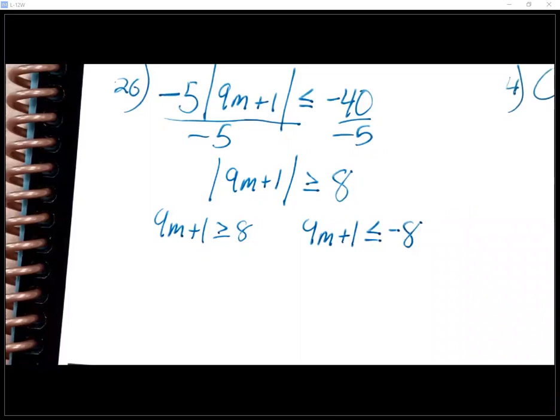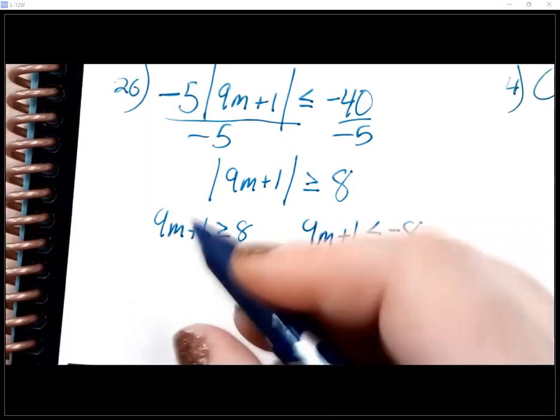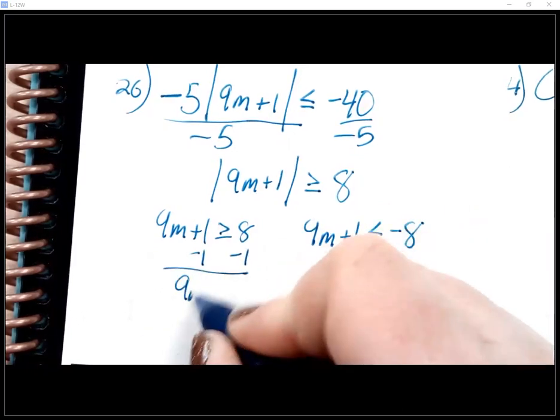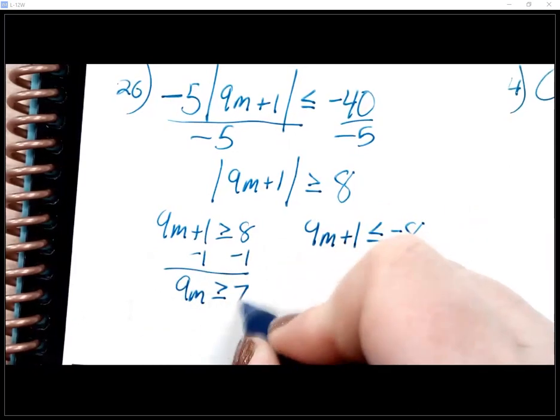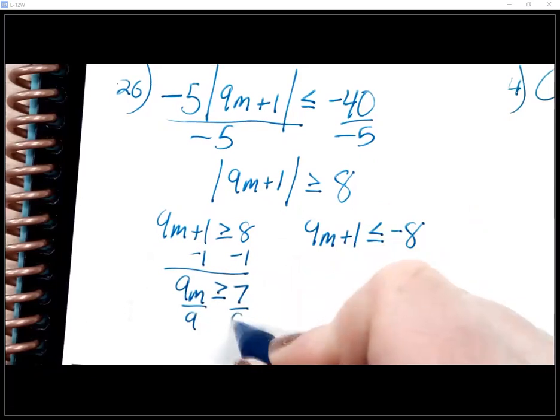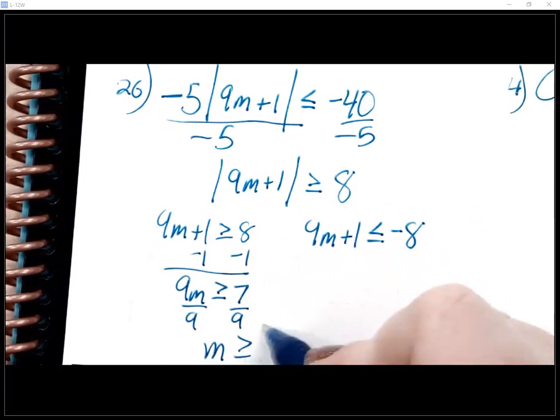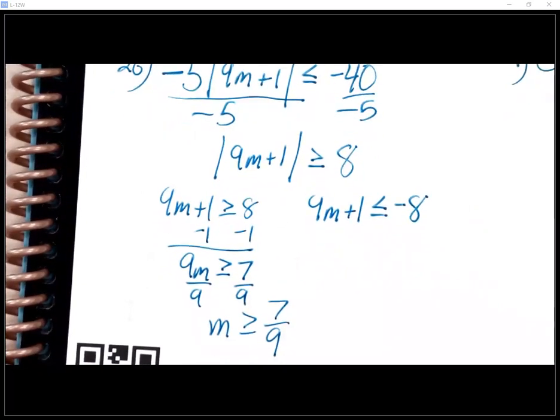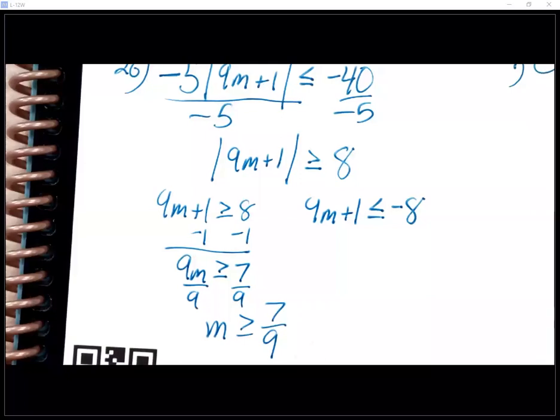Now I'm going to solve each one separately. So on one side, I get m is greater than or equal to a positive 7/9. Did you get the same?